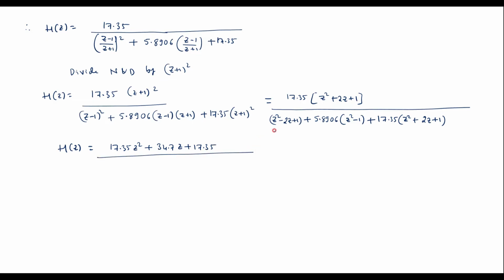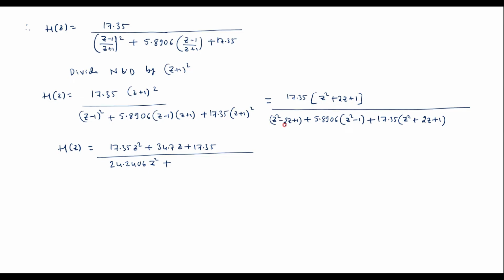on the denominator. After simplifying this, we can see the coefficient of z square, that is here we have 1 plus 5.8906 plus 17.35, which leads to 24.2406 z square plus, now we'll see the coefficient of z.